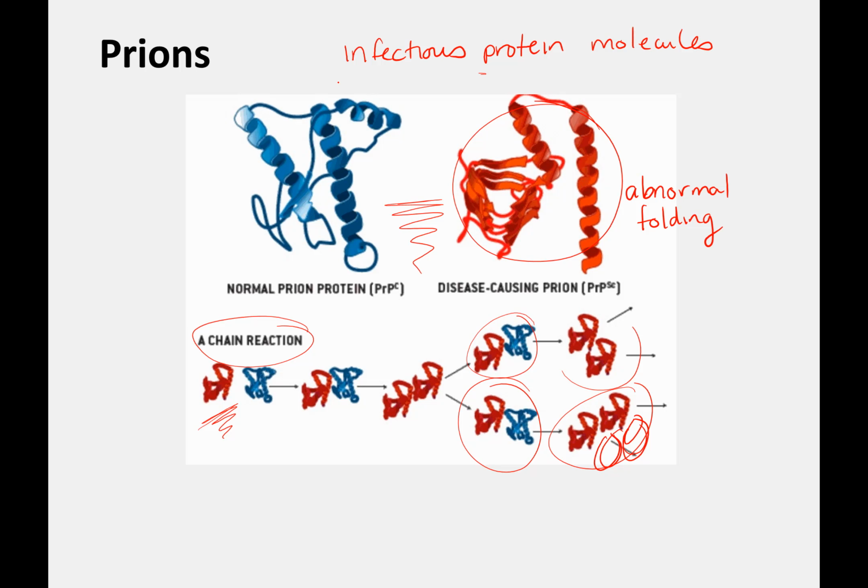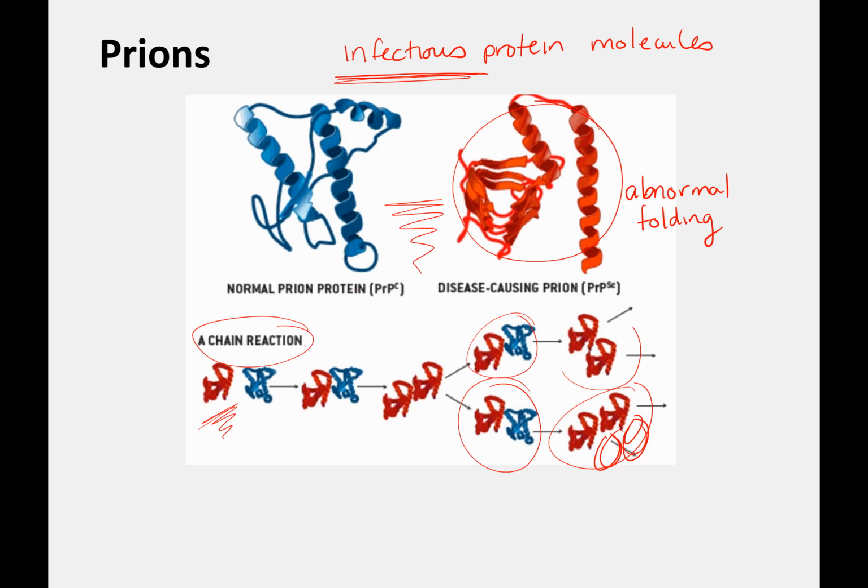And the reason this is infectious is because you can cook meat that contains a misfolded prion, and it doesn't denature the protein. With mad cow disease, the cows are infected with these prions. The prions make holes in their brains.